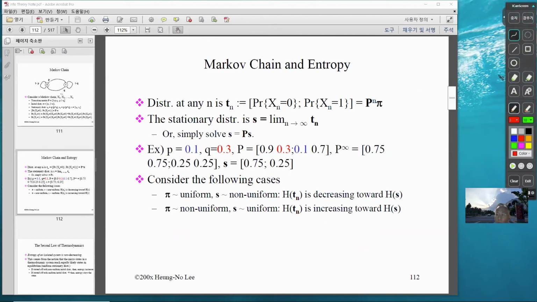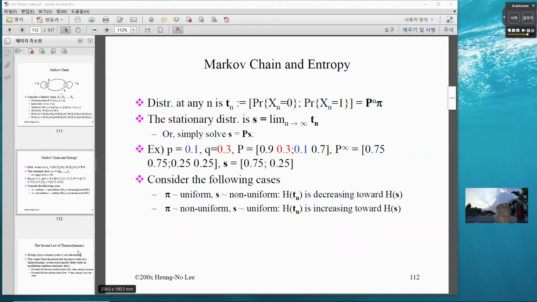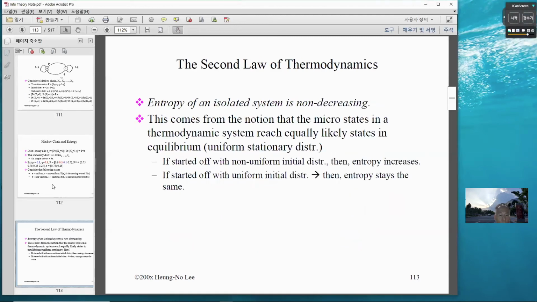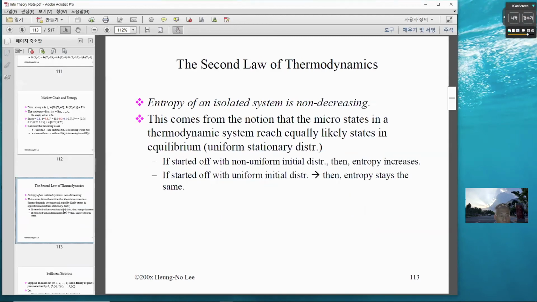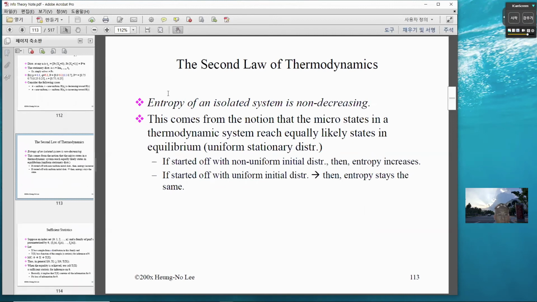Okay. Well, having said that, we now move to the second law of thermodynamics. The second law of thermodynamics says that entropy is non-decreasing. So basically, the entropy of an isolated system, like we have considered in the previous case, but in thermodynamic terms, is non-decreasing.